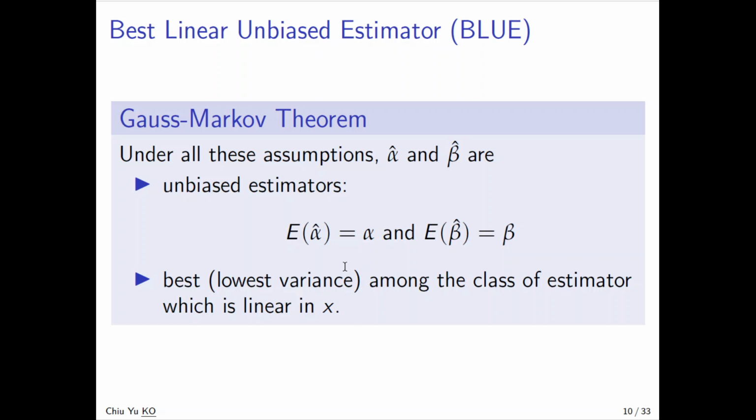What it means is that the least squares estimator is unbiased, which is good because, as we learned in the estimation chapter, we need an unbiased estimator, right? If we repeat this many times, we can actually estimate alpha and beta. And second, it is very efficient, meaning it's the most accurate, with the lowest variance among the class of linear unbiased estimators. So compared to another linear unbiased estimator, it is one of the best, okay.